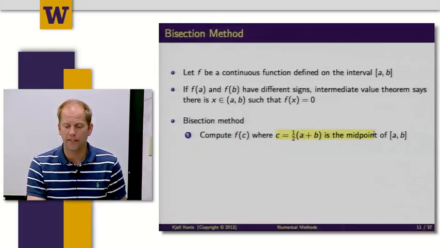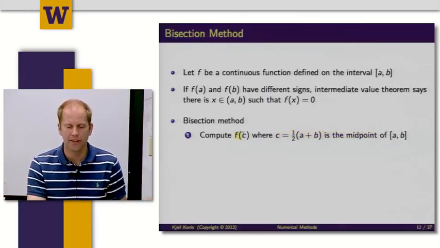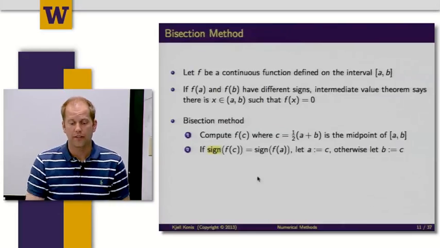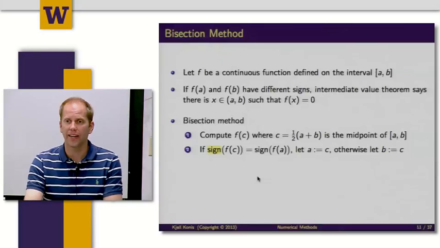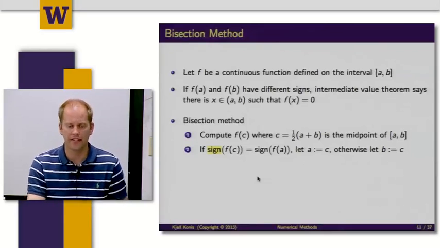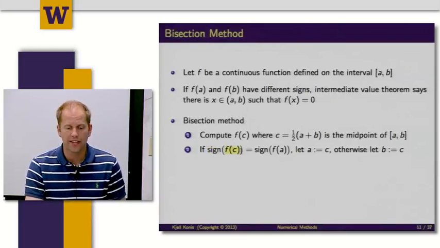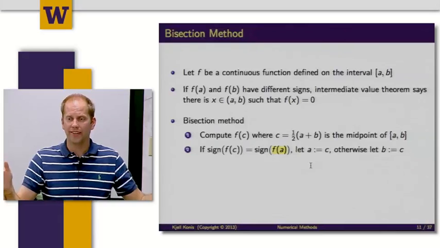This point c is just the average of the two endpoints, so that's the midpoint of the interval [a, b], and I'll evaluate the function at c. The sign function is such that if the argument is greater than 0, I get positive 1; if the argument is less than 0, I get negative 1; and if the argument is equal to 0, the sign is 0. So if the sign of the function at the midpoint is equal to the sign of the function at the left endpoint, then I'm just going to move the left endpoint to the midpoint.